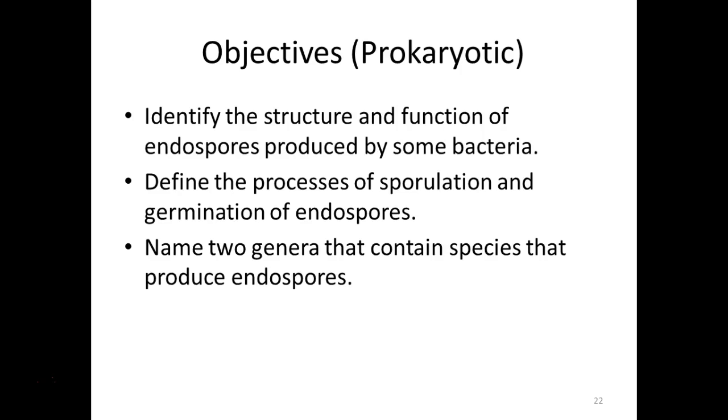There are two genera that contain lots of species that produce endospores. Bacillus, like our Bacillus anthracis, and Clostridium, and I have it written on a slide later. Clostridium is the genus that tetanus is in, tetani.